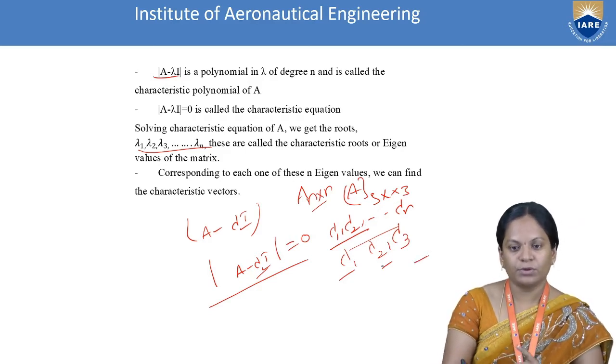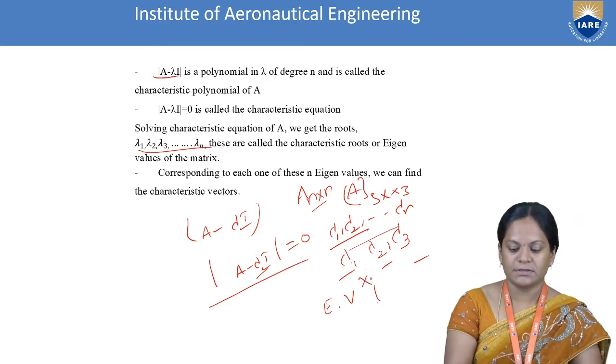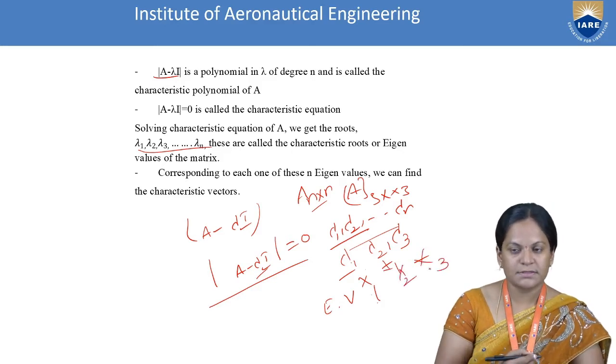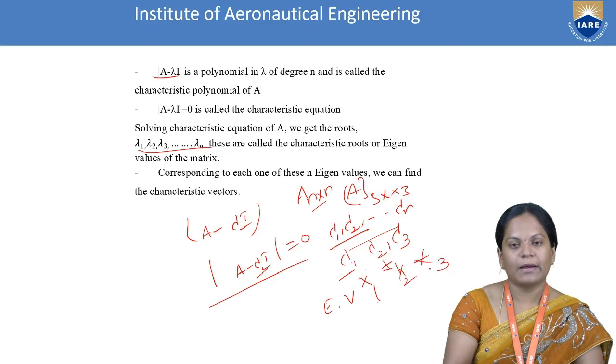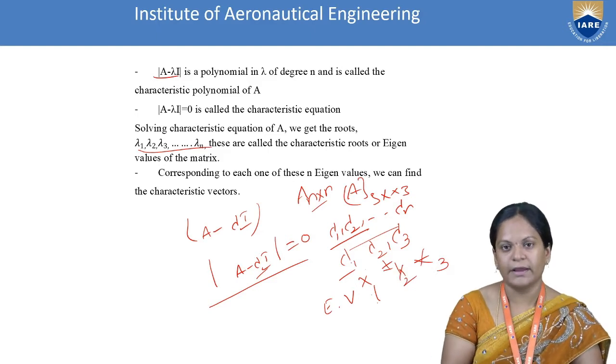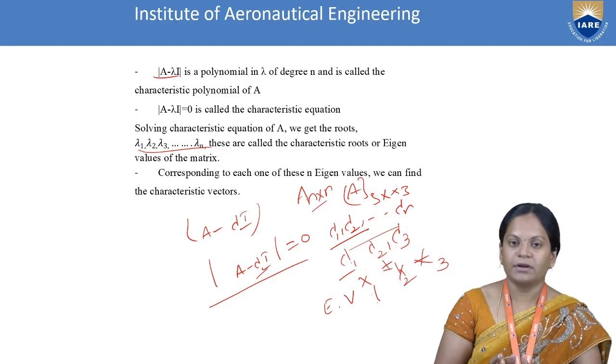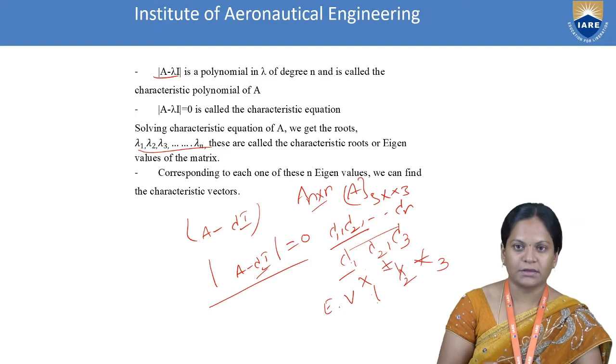Corresponding to each lambda, we get an eigenvector. For lambda 1, we get x1, the eigenvector of lambda 1. For lambda 2, we have x2. For lambda 3, we have x3. For different or repeated eigenvalues, we get 3 eigenvectors.